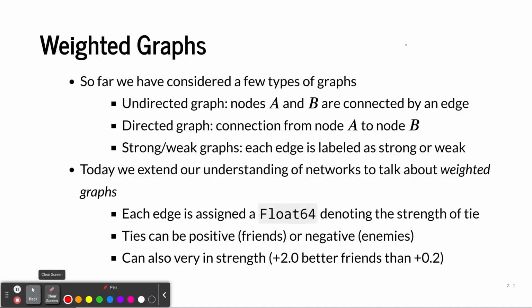We then talked about another extension where we could label each edge as either strong or weak. Now, the idea here is that if we consider, say, a social network, we may have strong edges that connect us to our close friends and family.